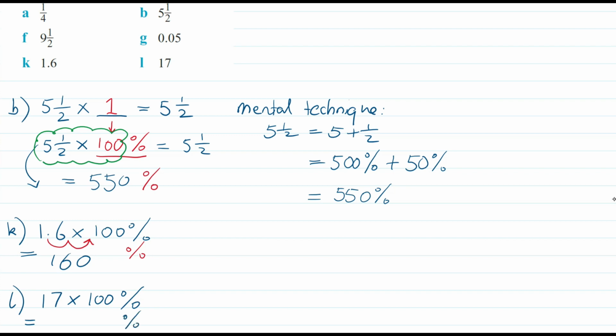So leave that percent symbol there. 17 times 100. So the decimal point for 17 will be right there, timesing 100, 2 places to the right, filling with zeros. So you are going to get 1,700% as the answer. Pause the video now so that you can finish the rest of question 6.